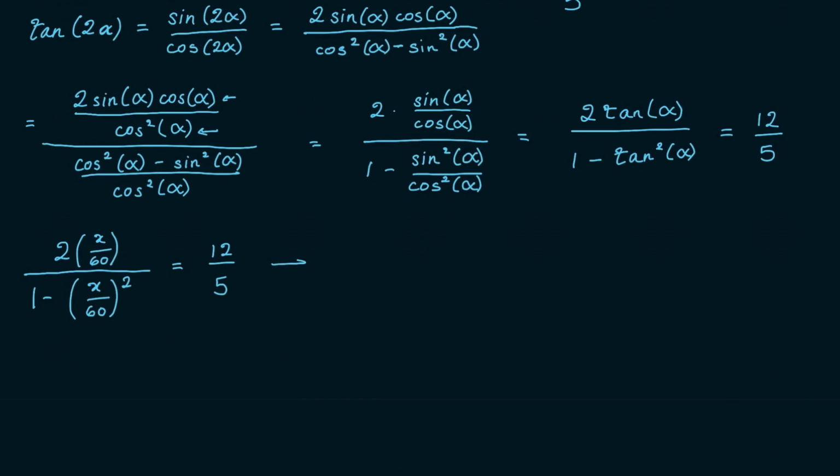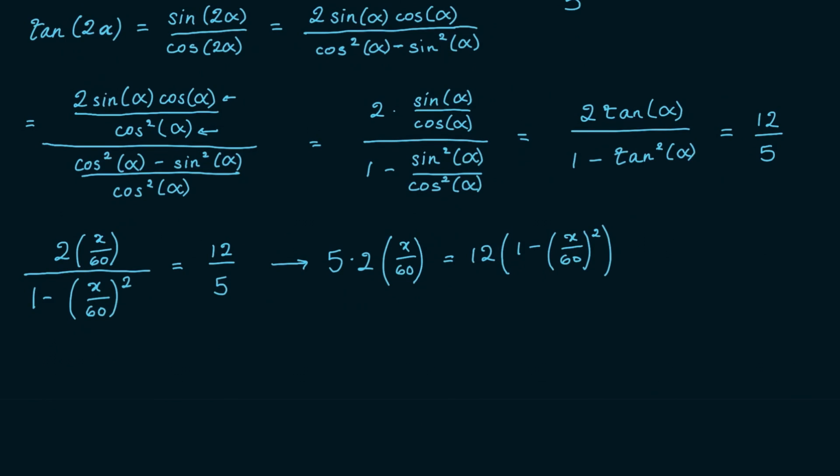Alright, now we can cross multiply. We can get 5 times 2 times x over 60 equals 12 times 1 minus x over 60 squared.